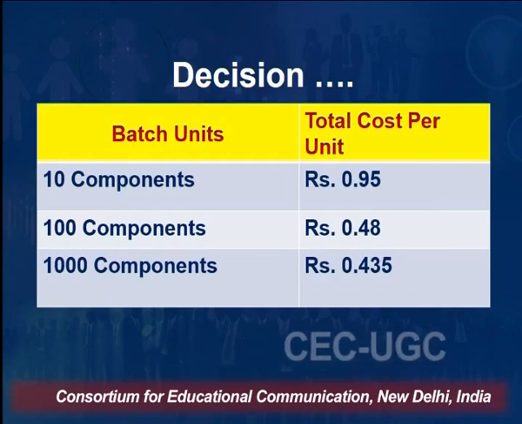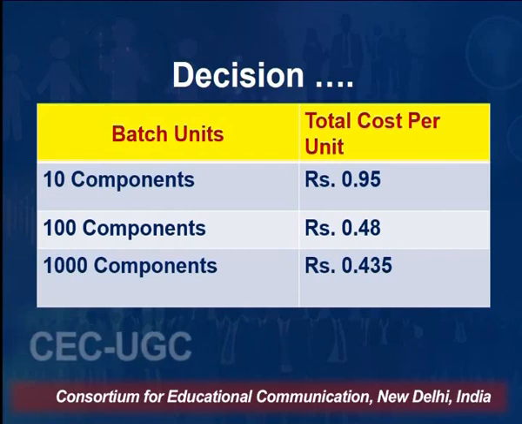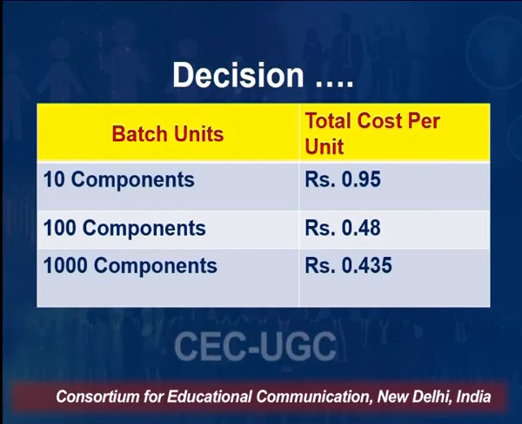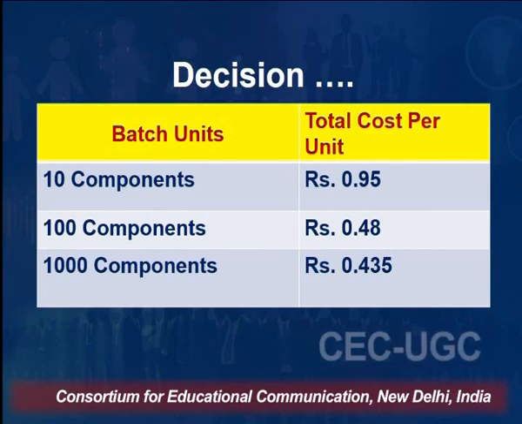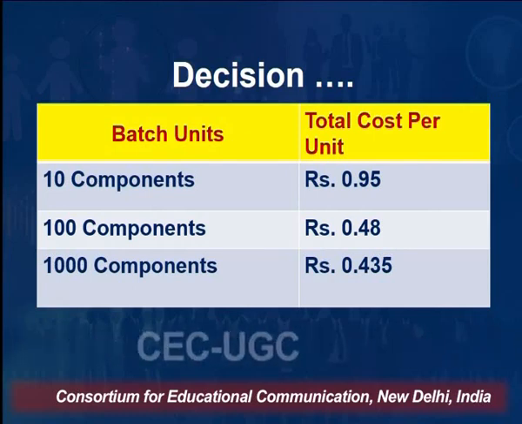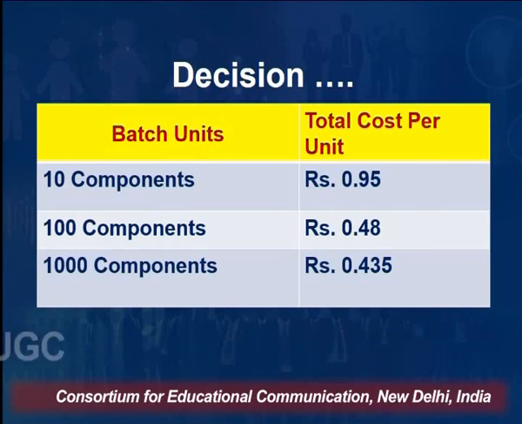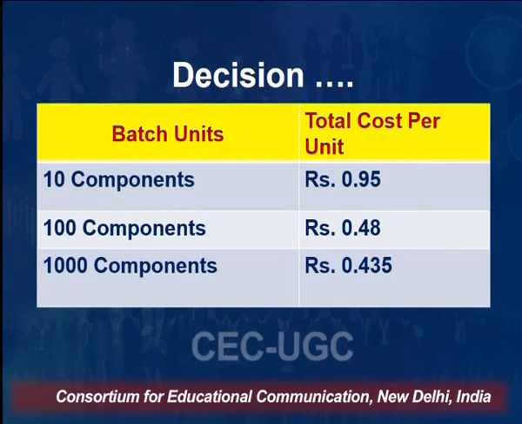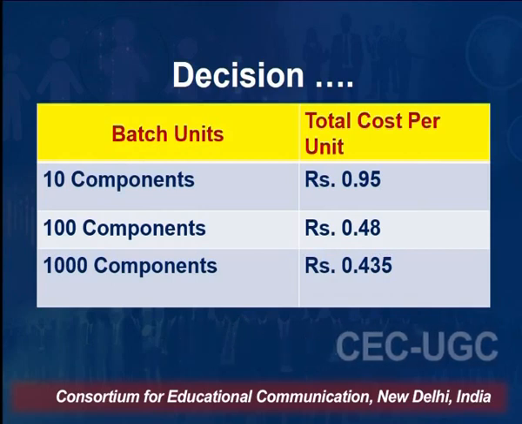We shall give our decision that the company should manufacture in a batch size of 1000 components, because it is going to make my cost per unit very effective, or it is going to charge me the minimum cost per unit, and that is why we should go for manufacturing in a batch size of 1000 components.